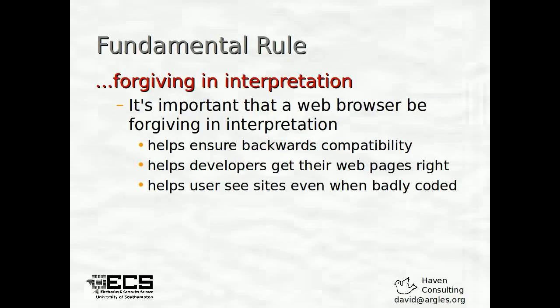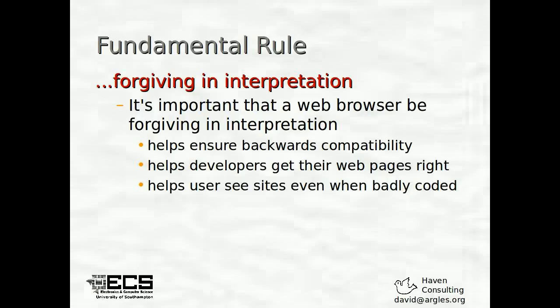Besides being strict with markup, the fundamental rule dictates that a browser should be forgiving in interpretation. It's important that any web browser we have should make sure that it glosses over errors in HTML syntax, because it helps to ensure backwards compatibility for one thing.